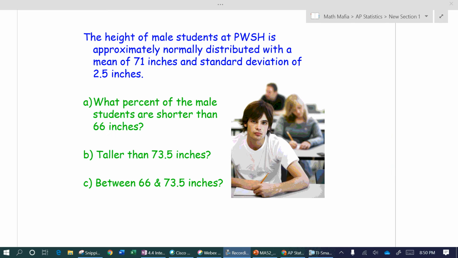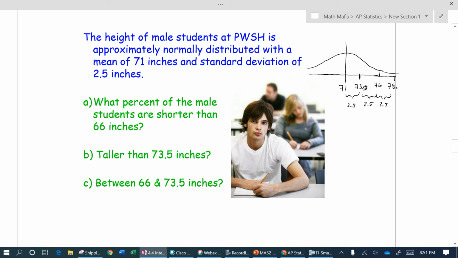Here we're thinking of a normal distribution. If we were to draw our normal distribution, we would see that we have a mean of 71 inches, and that each standard deviation would be 2.5 away. So we'd have 73.5, then another standard deviation of 2.5 would give us a value of 76, and then another 2.5 would give us 78.5.